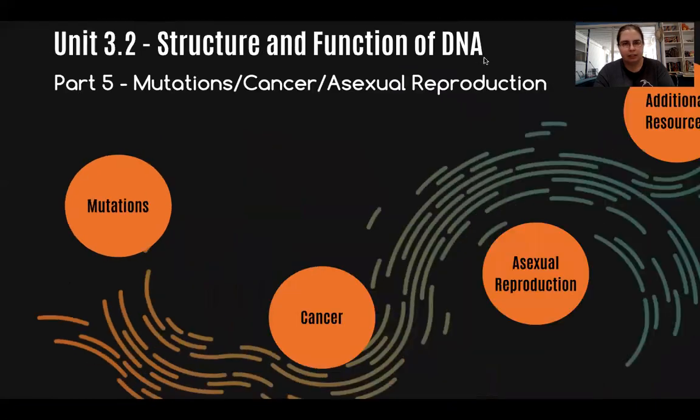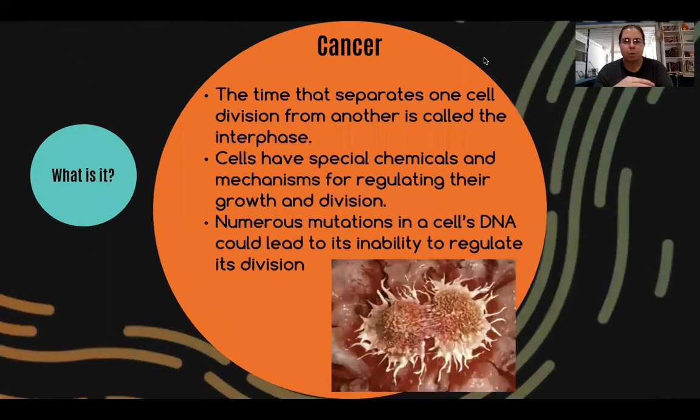All right, so now let's talk about cancer. So remember, we said that in the cell cycle, after division, cells go to interphase, and they're able to check for errors and then just do their normal function, their normal job.